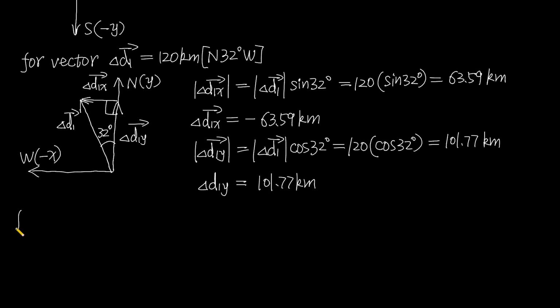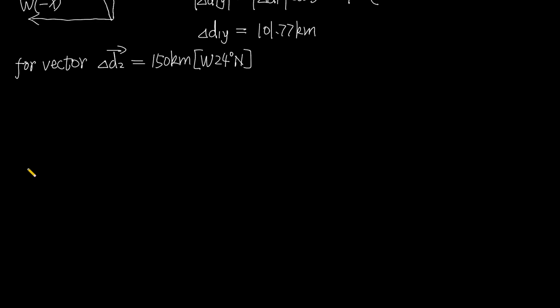Now, for vector delta d2, this vector is 150 kilometers. The direction is west, 24 degrees toward north. I draw the graph. This direction is west, also negative x, and this direction is north, also positive y.